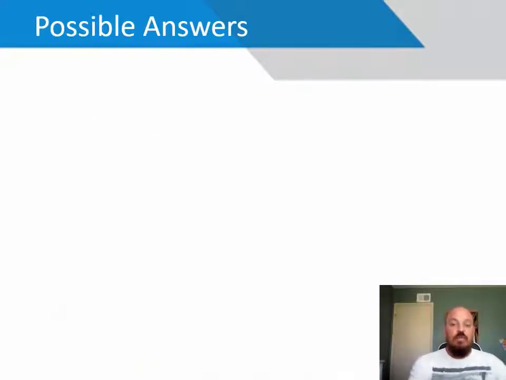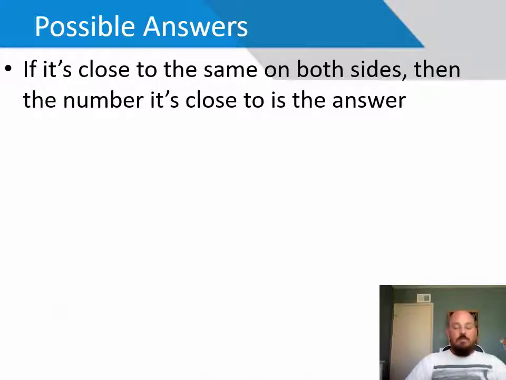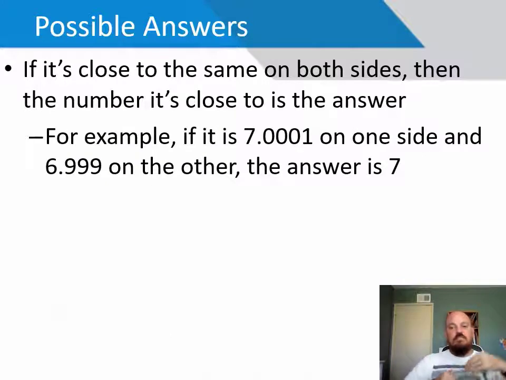So here are the possible answers to a limit question that you might get from looking at a table of values like that. Number 1, if you notice that both of them are going to the same number, then that number is the answer to the question. And here's an example. Let's say that red arrow on top, I notice it's getting closer and closer to 7.